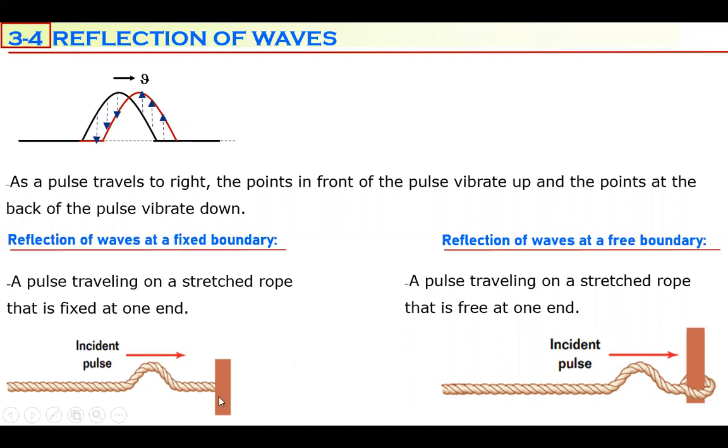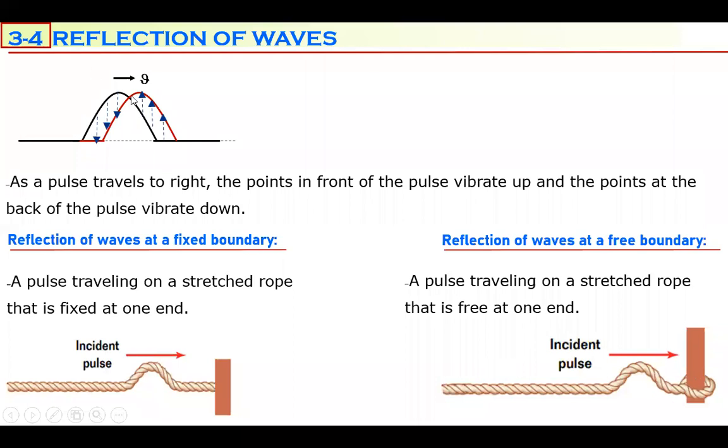So when a pulse is traveling towards a fixed boundary, where this rope is fixed on the wall, how is the reflection? Or if this rope is not fixed on the wall, and is free to vibrate about a post, how would the reflection be?